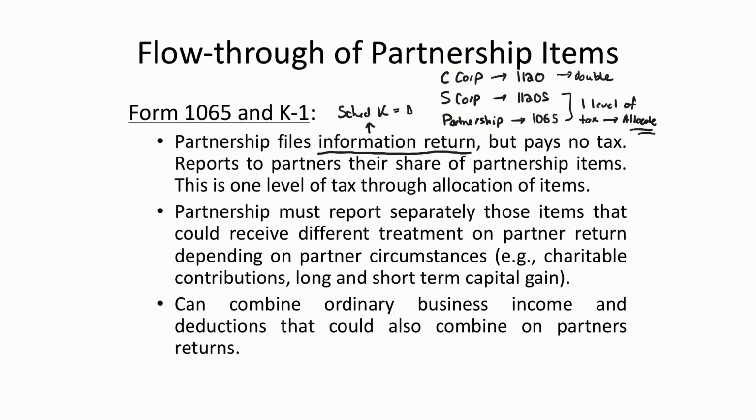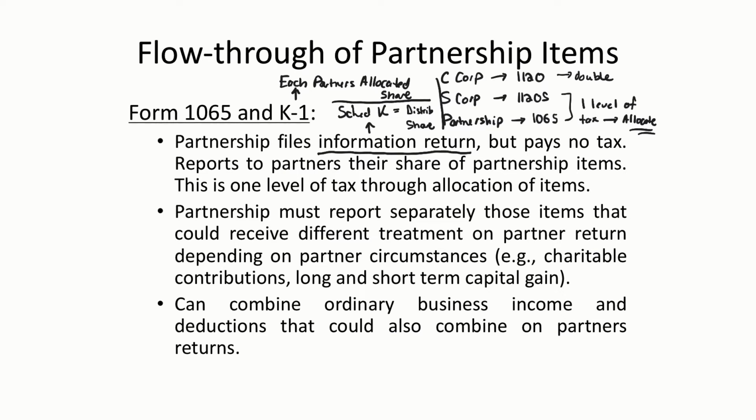We call them distributive share, that roll over to the partners, and that's what we use the K1 for. That is each partner's share of that. Each partner's allocated share goes in the K1, okay?